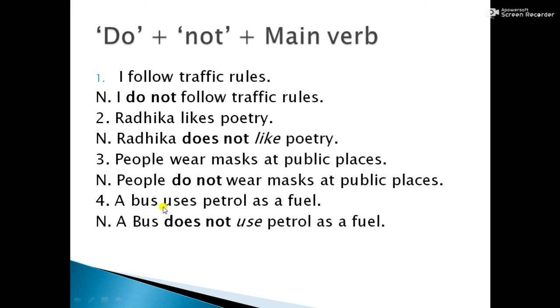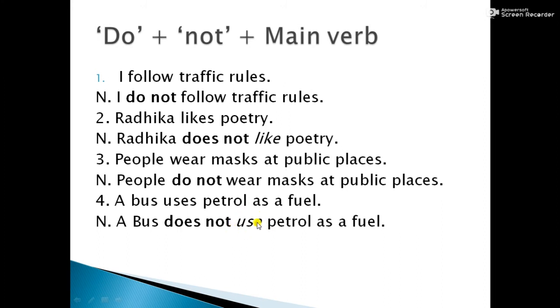The tense we know from this main verb is simple present tense because s has been added to use, and therefore while turning this sentence into a negative sentence we have used does not. Because a bus is third person singular in simple present tense, we have used does not use petrol as a fuel. Again, this s has been removed here. The main form of the verb use has been used.